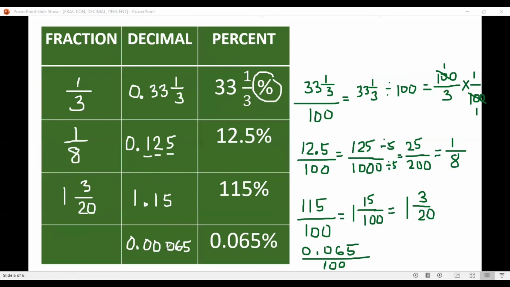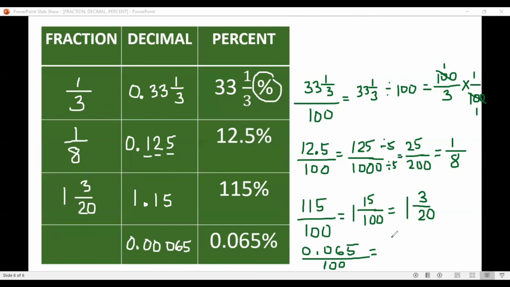Okay. And then this one, you have a decimal number, a decimal percent. The expected answer here must be very small when you have a fraction. So if you are looking into this, this is actually now tens, hundreds, thousands. So we need to multiply this by 1,000 so that it becomes a whole number.